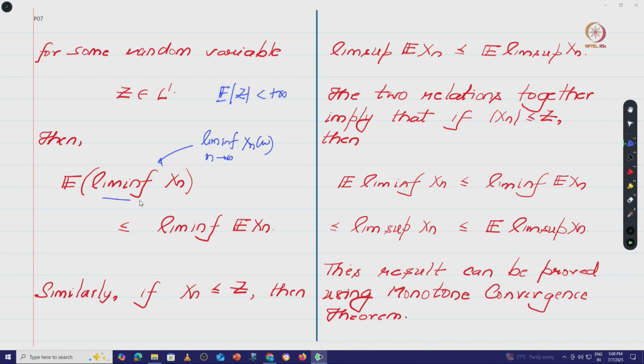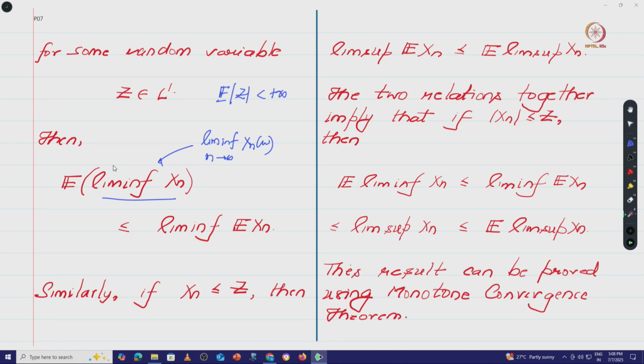Now xn of omega is a sequence of real numbers, and the lim inf of a sequence of real numbers always exists. So this lim inf is always well defined, and by invoking the monotone convergence theorem, one can conclude that the expected value of the lim inf also exists.